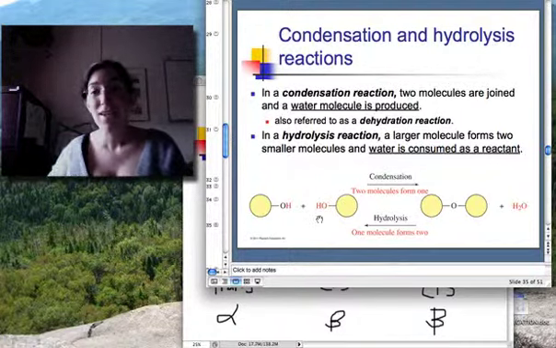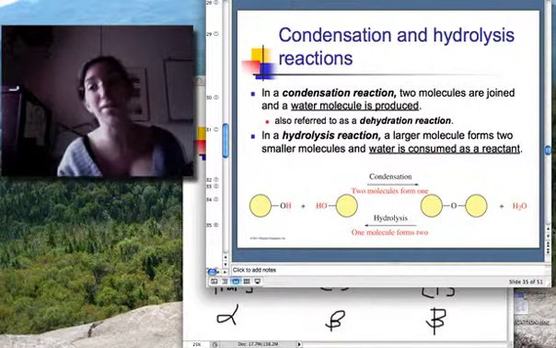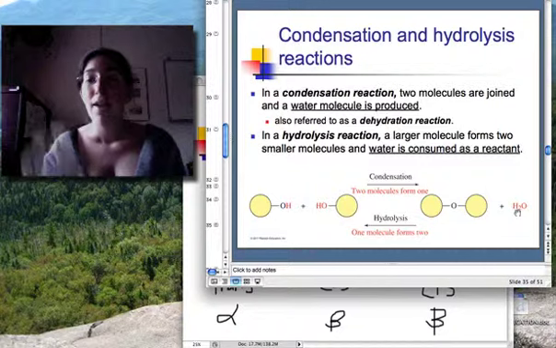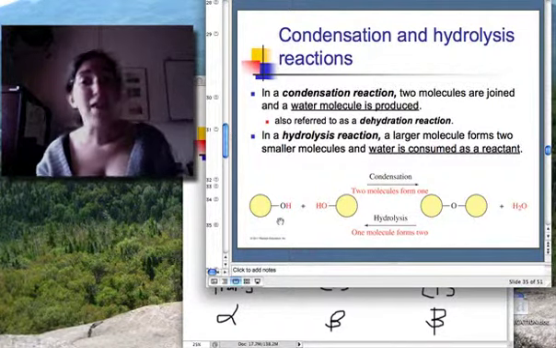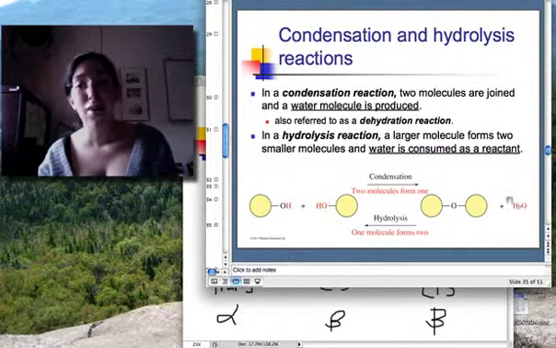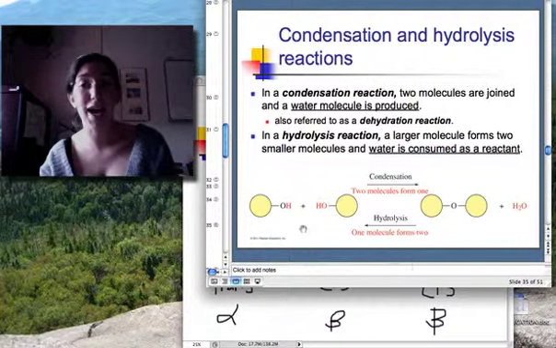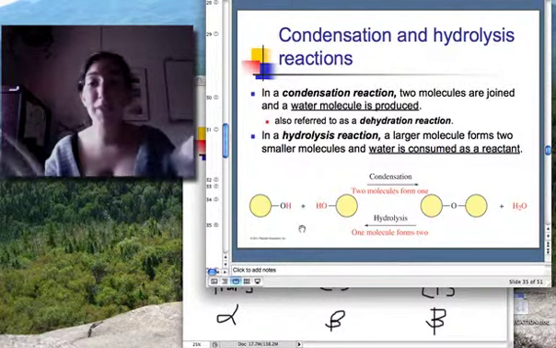Okay, so same thing in a reaction. When water is a product of the reaction, when water falls out of the molecule, it's a condensation reaction. Likewise, if you go the other way, water is a reactant. If you're going in the reverse direction, water is a reactant, and water gets split into two pieces that then get added on to the two molecules that form as a result of a hydrolysis reaction.